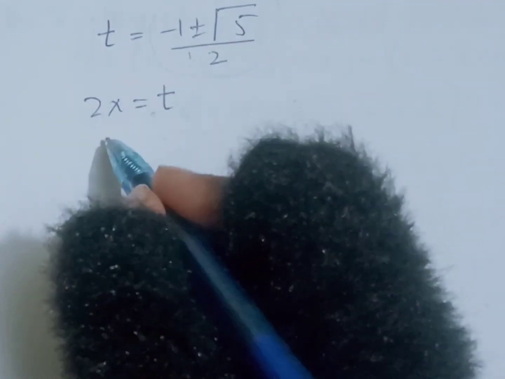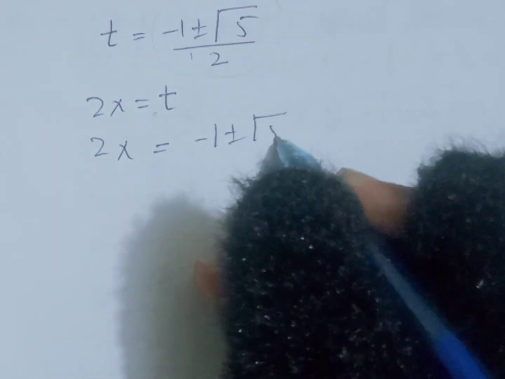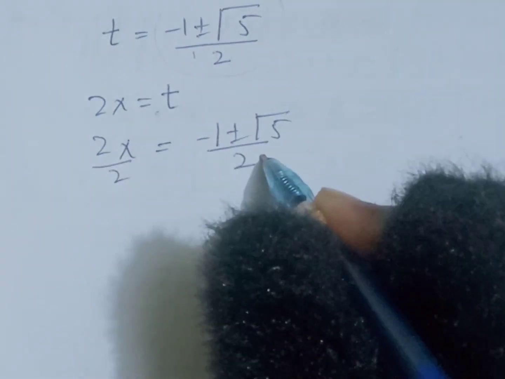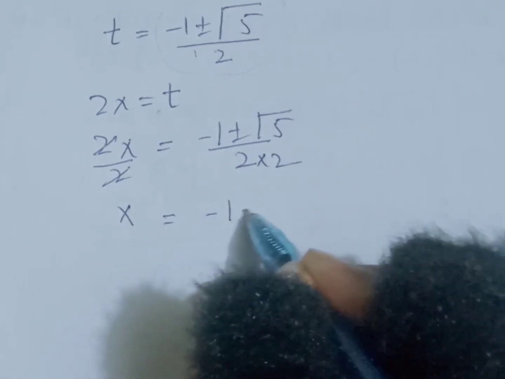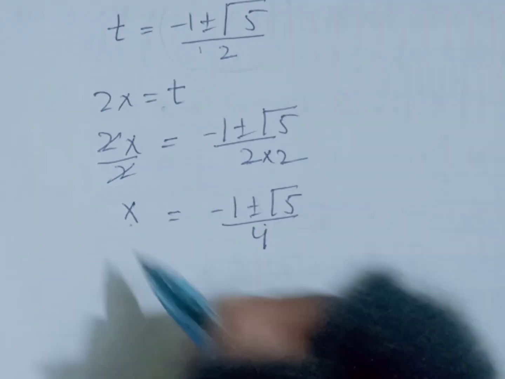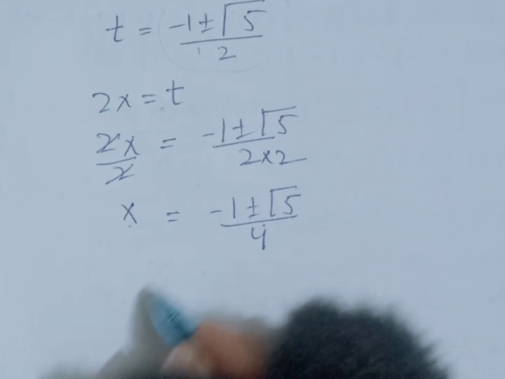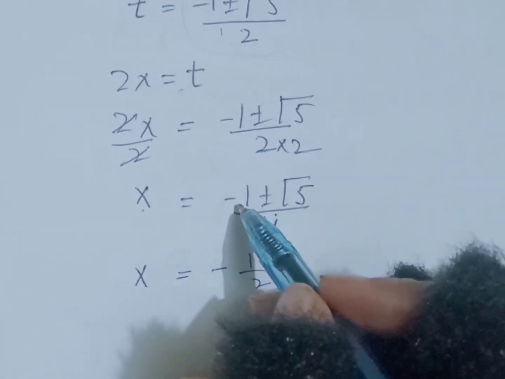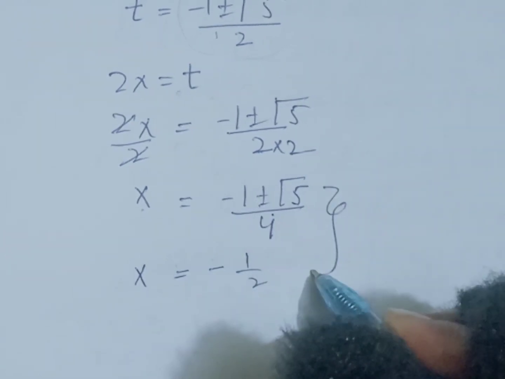So we can write this as 2x is equal to minus 1 plus minus square root of 5 over 2. We just find x, so we divide this equation by 2 on both sides. This 2 and 2 cancel, we get x is equal to minus 1 plus minus square root of 5, 2 twos are 4. This is the other value of x. So we get x is equal to minus 1 by 2 and minus 1 plus minus square root of 5 over 4. This is the answer of x in our question.